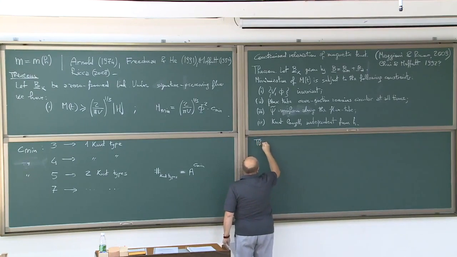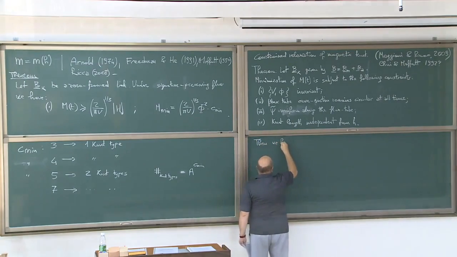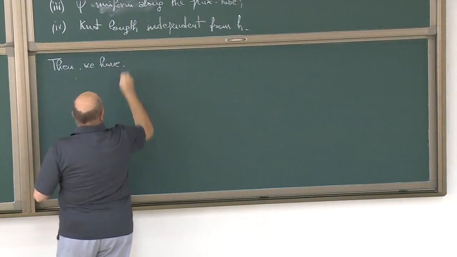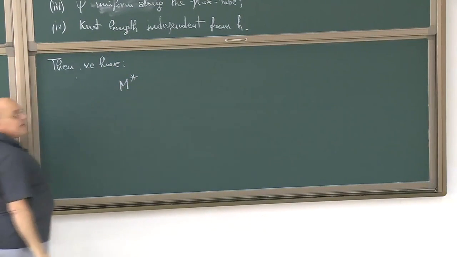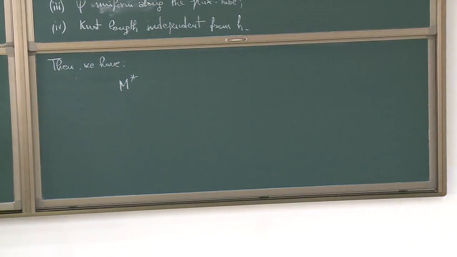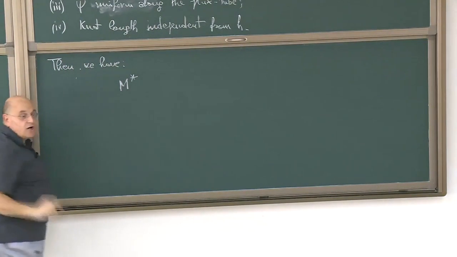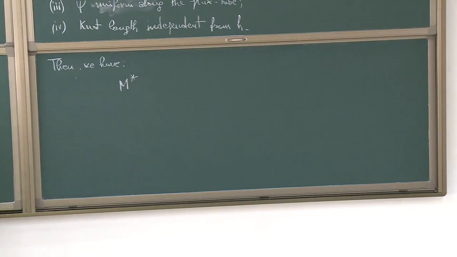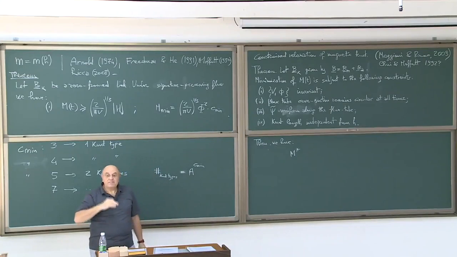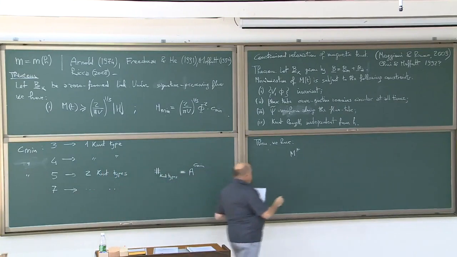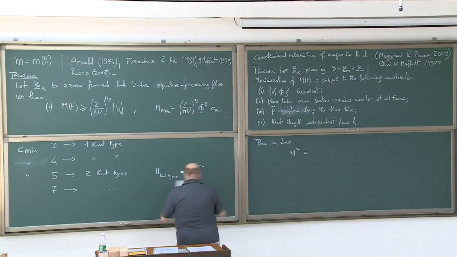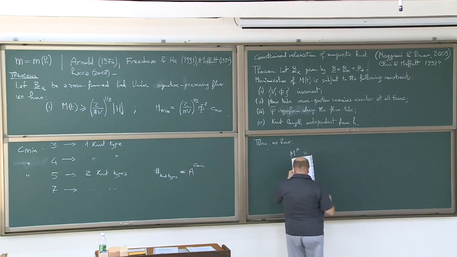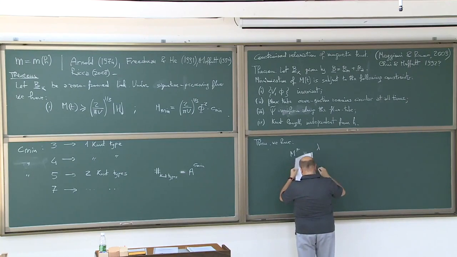Then, under this assumption, we have that M star, which is the minimum under these constraints. So I put a star to remember, to tell us, okay, maybe it can be relaxed even more. But anyway, this is the formula. I will explain in a moment this formula, but let me write it first.